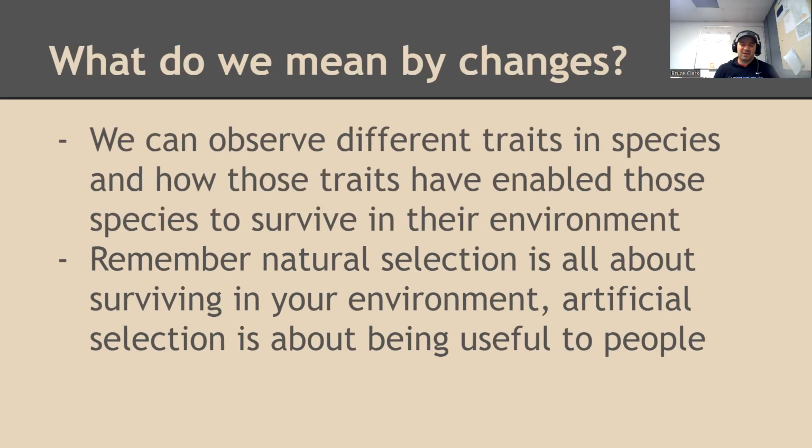Artificial selection, all the examples we talked about previously, are about how useful you are to human beings. Okay, so if you're the apple tree that doesn't produce great apples, or if you're the runt of the litter in the pigs, hey, humans will remove your genes from the gene pool. Like I said, farmers still practice this. I don't know how familiar you guys are, but oftentimes, whether it's a boar for pigs or a bull for cows, farmers will actually, in those big beef herds, just have one bull.